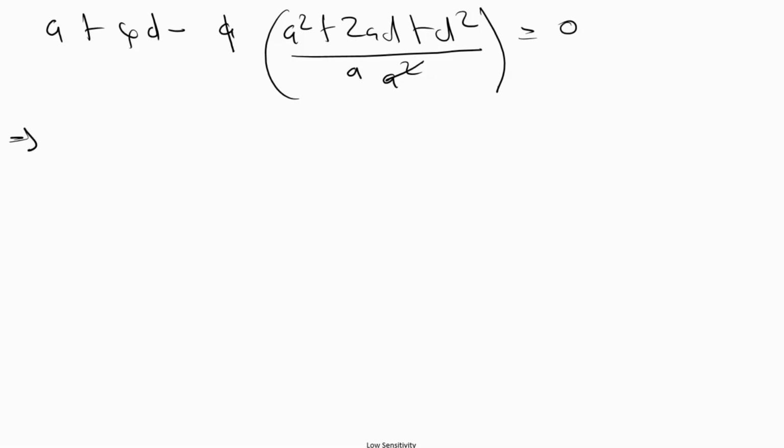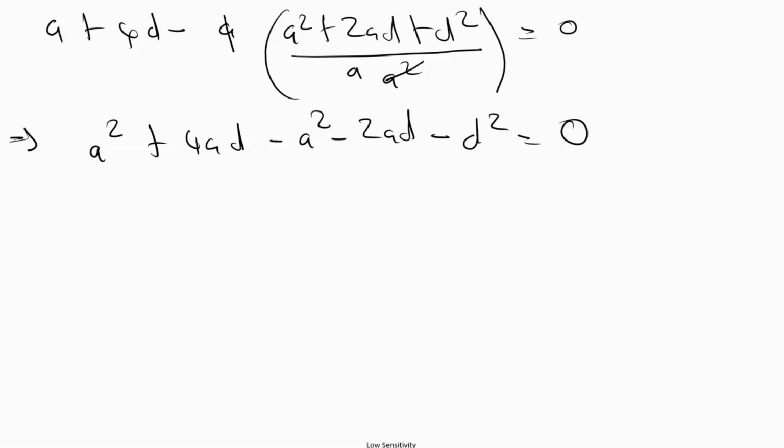Since this equals 0, we can multiply everything by a. So we have a squared plus 4ad minus a squared, minus 2ad, minus d squared equals 0.